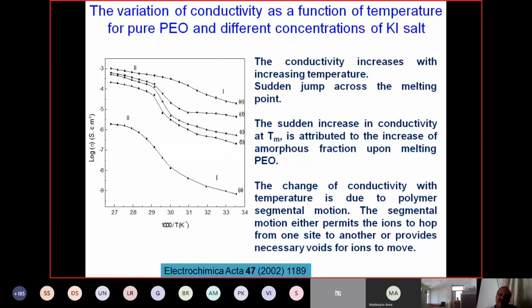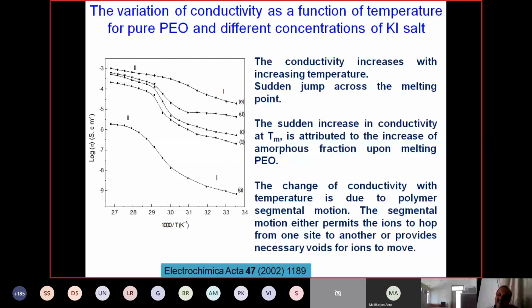When we take the polymer, polyethylene oxide, which is semi-crystalline in nature, and add the salt, the cation, like potassium, coordinates with the oxygen of that PEO, because the oxygen has a lone pair of electrons which can connect with any cation. So the potassium is coordinating with the oxygen of the polymer.